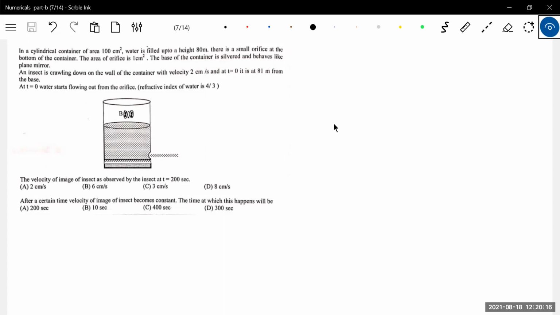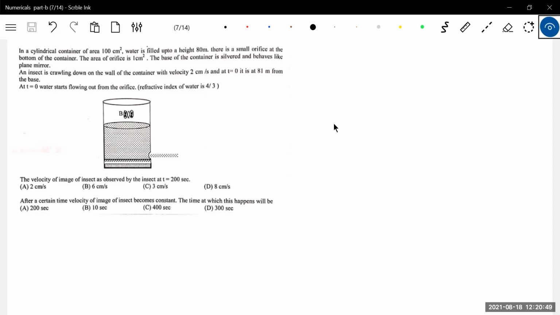Bringing some fluid mechanics with this ray optics. That's all. Nothing is there. Go back to first fluid dynamics. I think at t equal to 200 seconds, we should know what is the level of water and with what speed the level of water is moving.